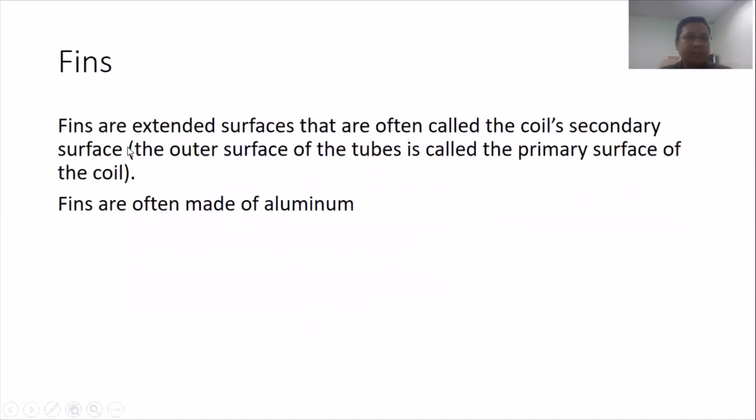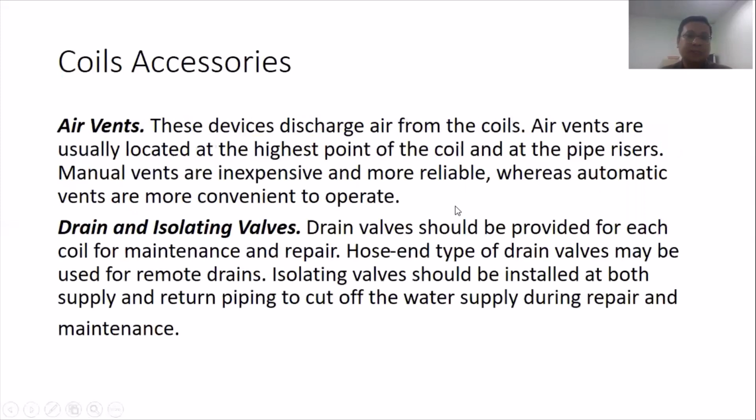And then fins are extended surfaces, often called the coil's secondary surface. So we have fins covering the tube to distribute the temperature, with air as the medium. The fin material is made from aluminum, because as we know, aluminum is good at heat transfer.